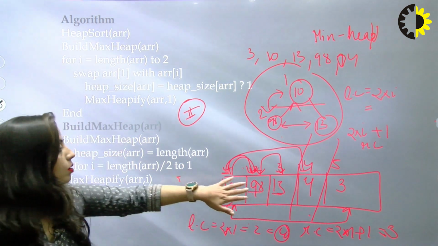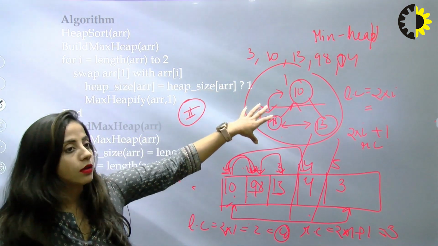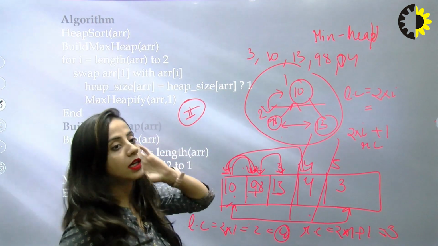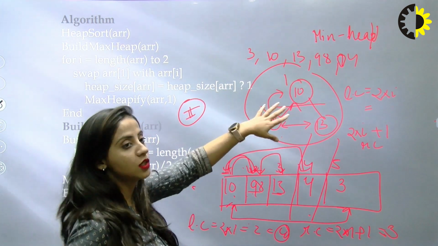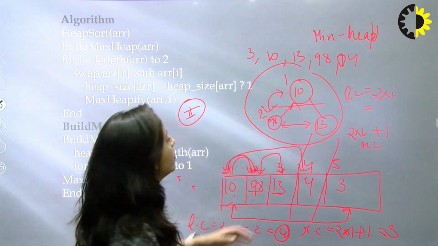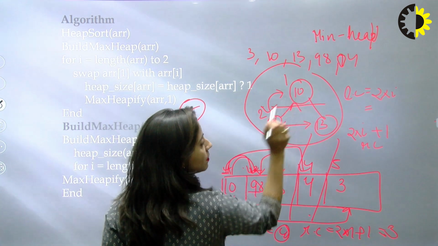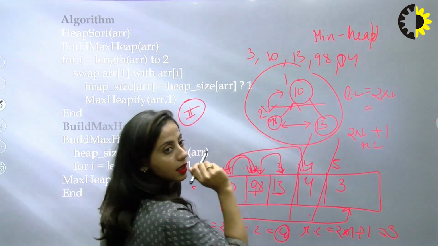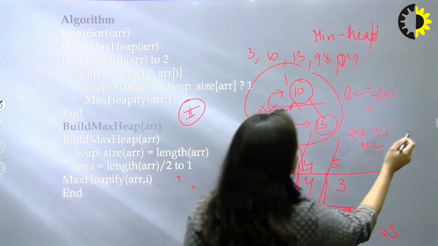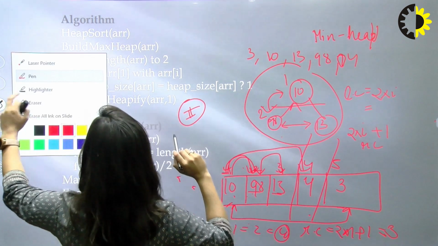See, now what you will do for deletion? You will again perform deletion from the root node. How you will do that? You will replace the root node with its leaf node. This is my root node and this is my leaf node, right? So let's perform swapping here again.